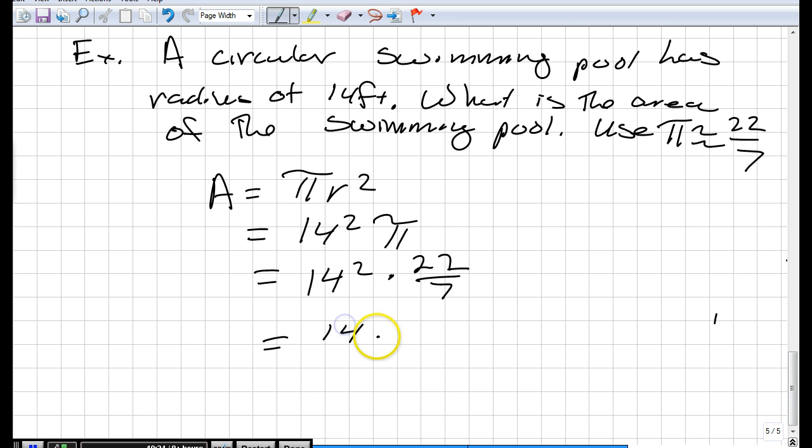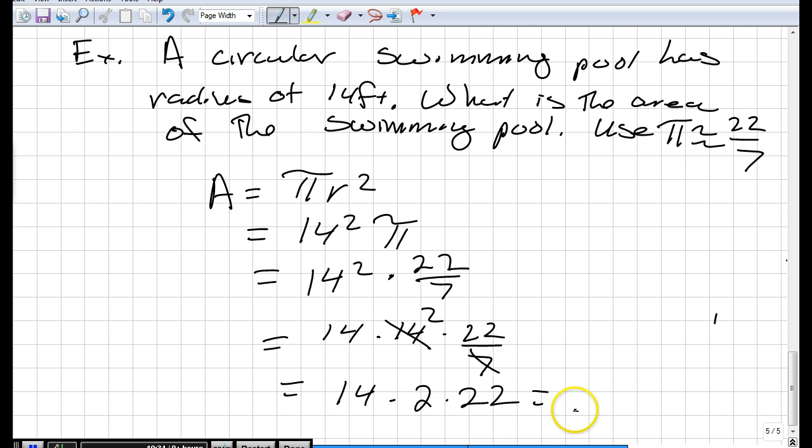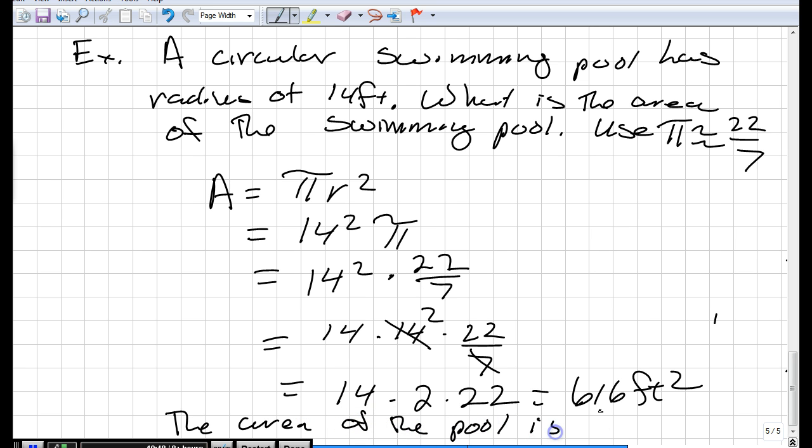So that's really 14 times 14 times 22 over 7. So we get 14 times 2 times 22, which equals 616, and that's going to be feet squared. So the area of the pool is 616 feet squared.